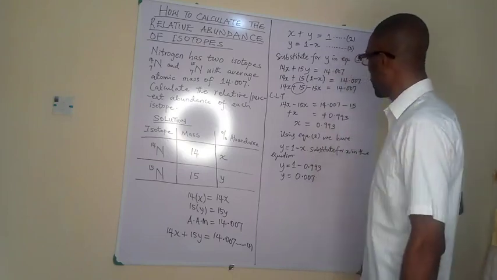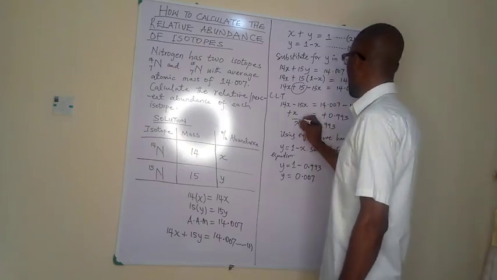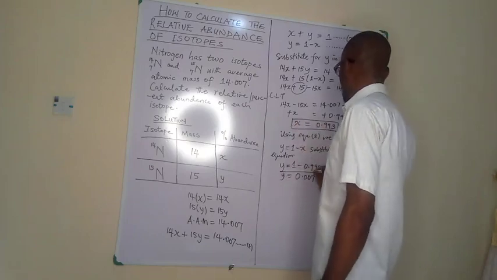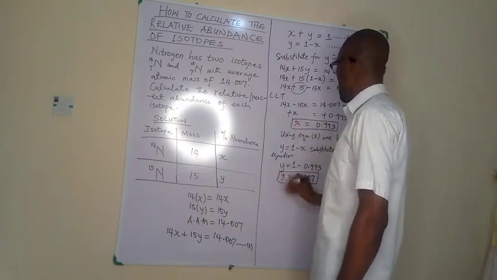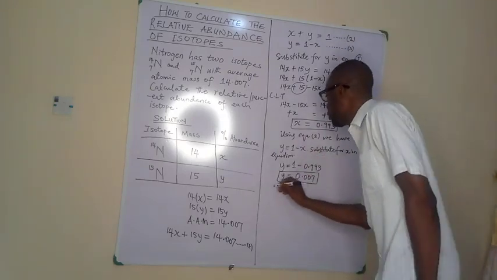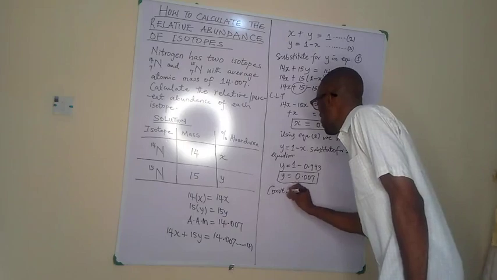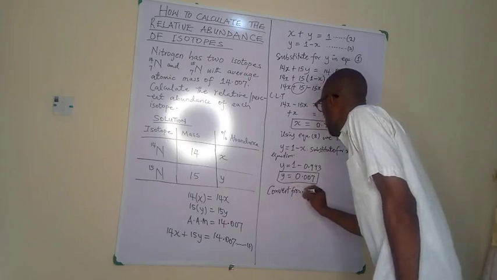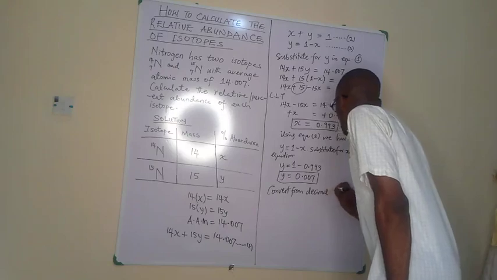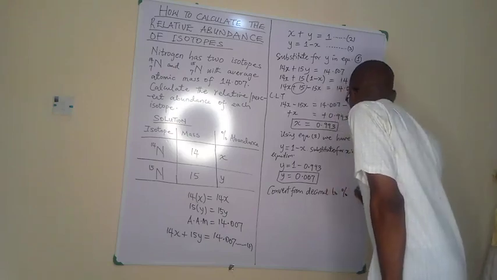That's what you have, 0.007. Like I told you, we have been able to identify what x is and what y is, and they have their decimal, as you can see. Next thing we are going to do is to convert from decimal to percentage.